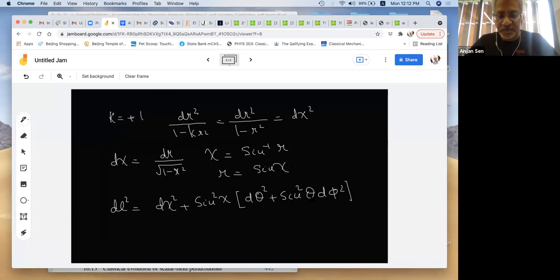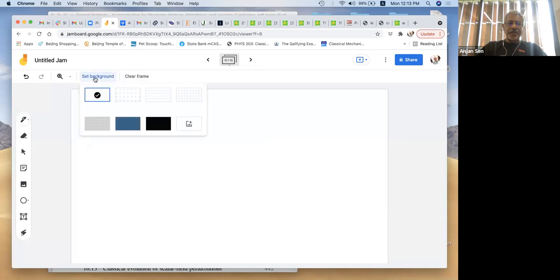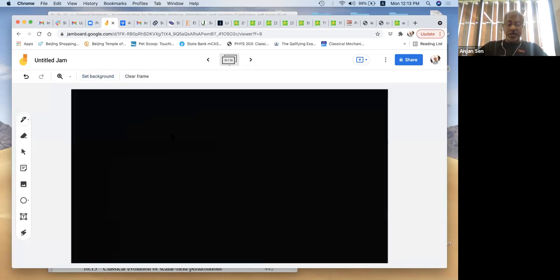Now, what kind of metric does this represent? Let's say I take a 4-dimensional flat space. Then what is the metric of the 4-dimensional flat space?